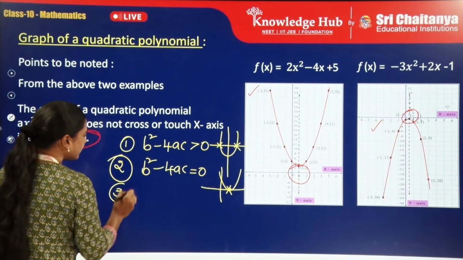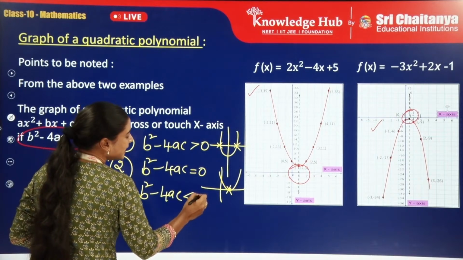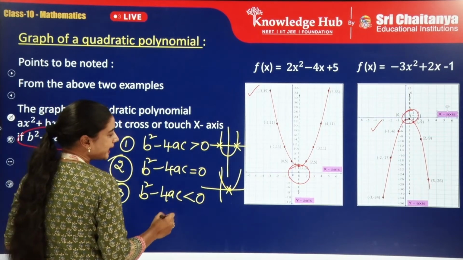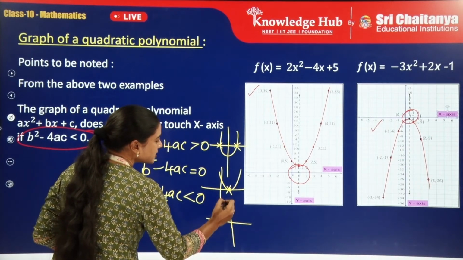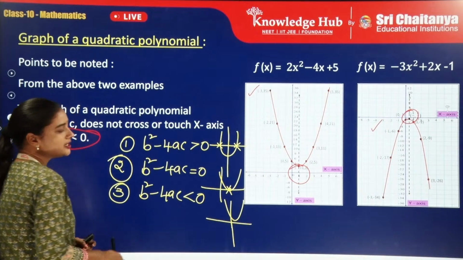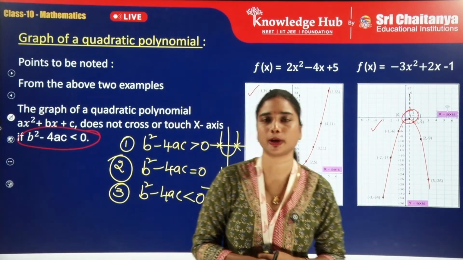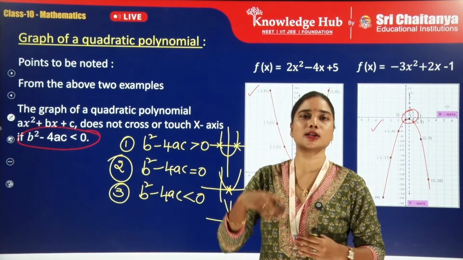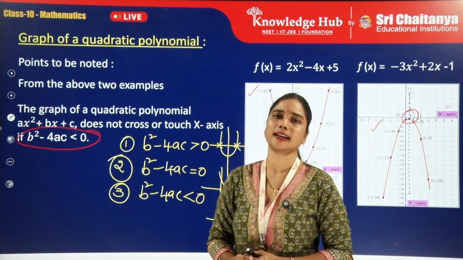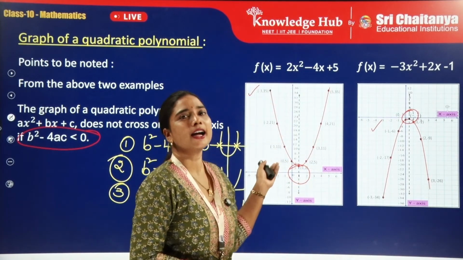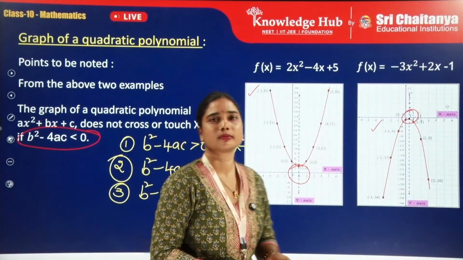And the third one is b square minus 4ac less than 0, meaning negative. Hence the parabola does not touch or cross the x-axis, it is away. And there are two more conditions for each of the parabolas: when the parabola opens upward and when the parabola opens downward. So this is the graph and analysis of a quadratic polynomial.